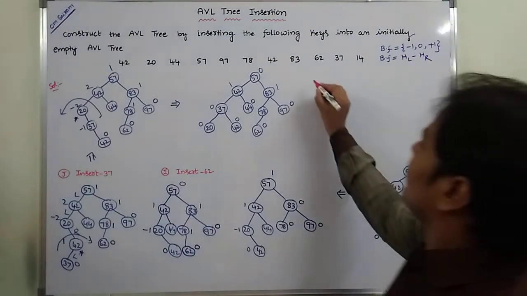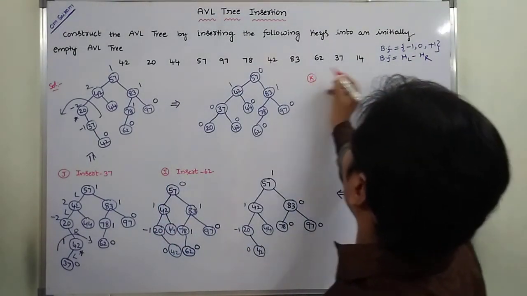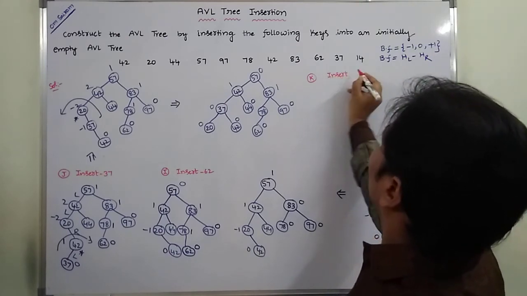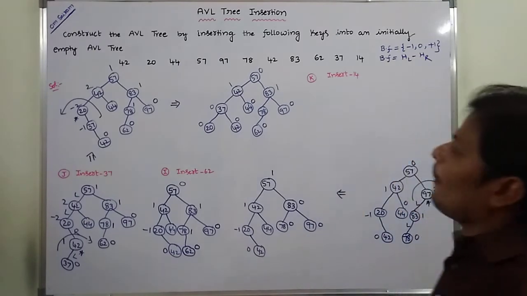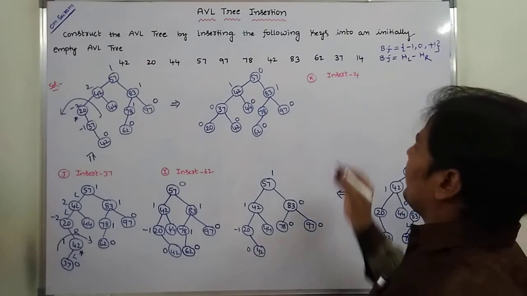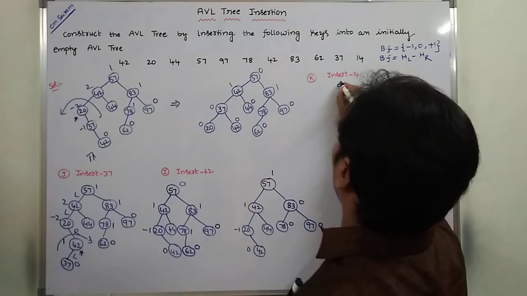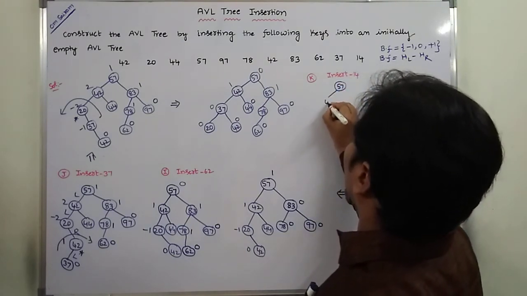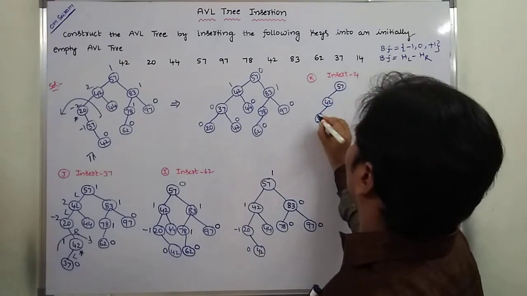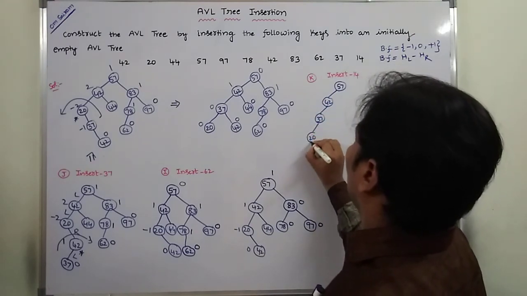Next, last one, insert last node 14. Insert 14. Okay. So before inserting node 14, the tree is 57, 42. So here 37, 20.